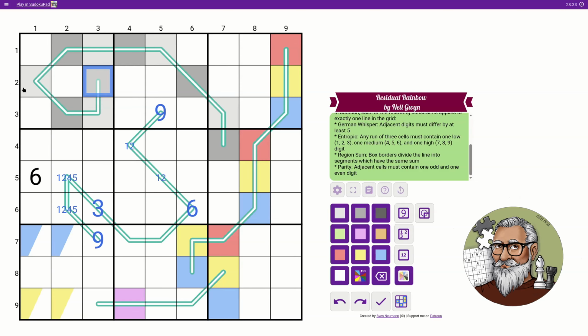Okay, 4, 5, 6 are not possible on this line. Because if this is, yeah, it wouldn't work. Okay, so I would have to have 6 here, and this would have to be 4, 5.